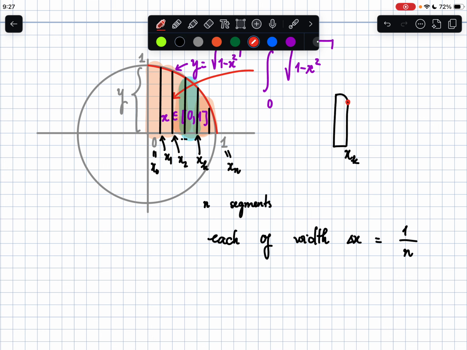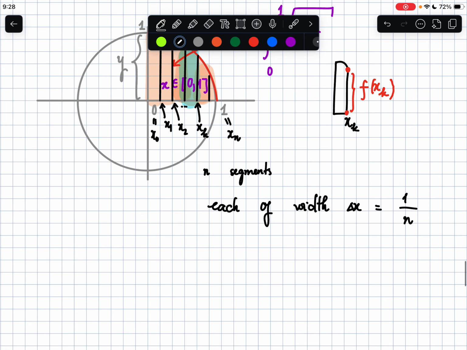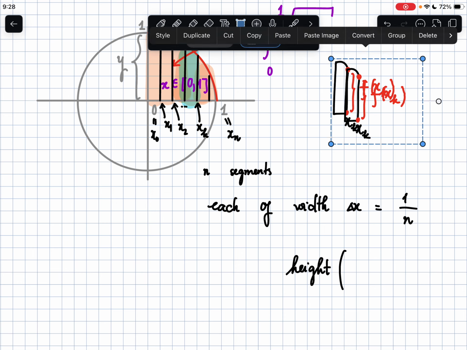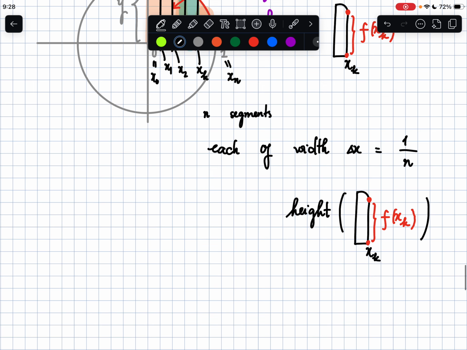The distance here is f of xk. The height of this rectangle is equal to f of xk.